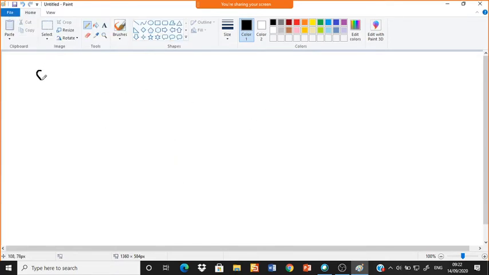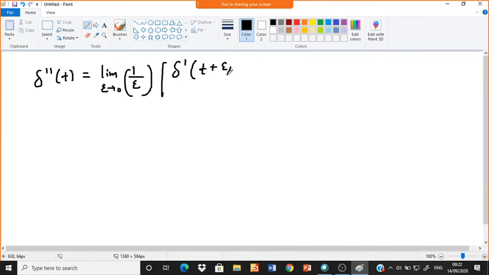If you define the double derivative of t, it is equal to the limit as epsilon tends to 0 of 1 over epsilon into del dash of t plus epsilon by 2 minus del dash of t minus epsilon by 2. So this is the first derivative.